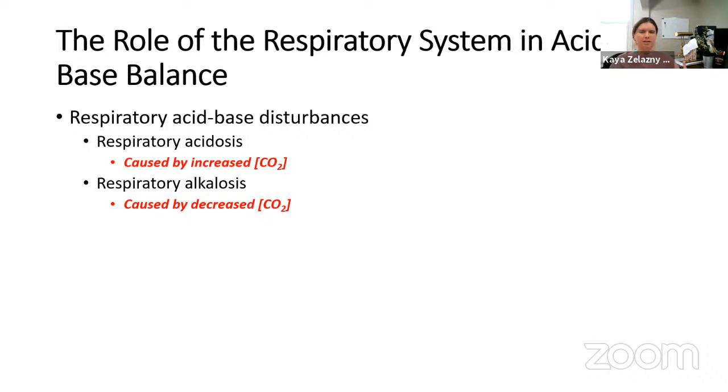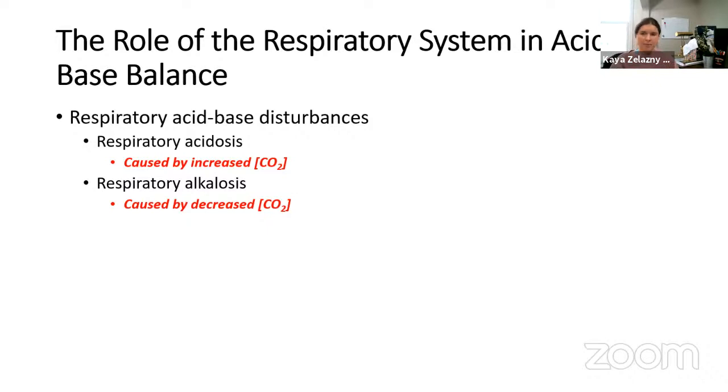CO2 can essentially turn into hydrogen ions, which is our technical chemical definition of pH. But for our purposes, the presence of CO2 is a biologic acid. So if you are not breathing out enough CO2, if that CO2 stays in your blood, the blood is going to be too acidic. It's going to be too low, below that regulated range of 7.35 to 7.45. That would be respiratory acidosis.